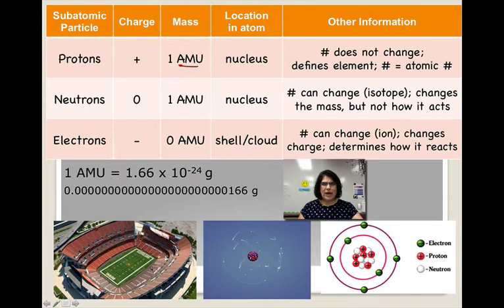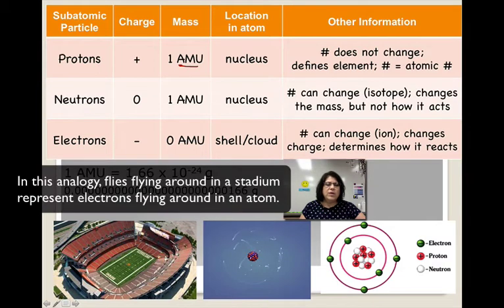You might think, what the heck's that doing there? That is there because that is my favorite way to visualize what an atom is as far as size. If you envision a ball in the middle of this stadium, that would be about the size of the nucleus. And then the whole rest of the stadium would be about the size of this electron cloud or these shells. This is where the electrons are, flying around the outside.